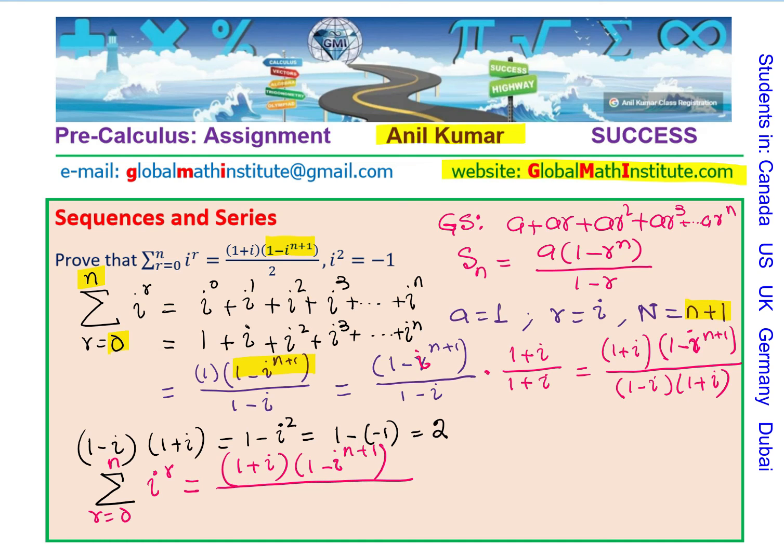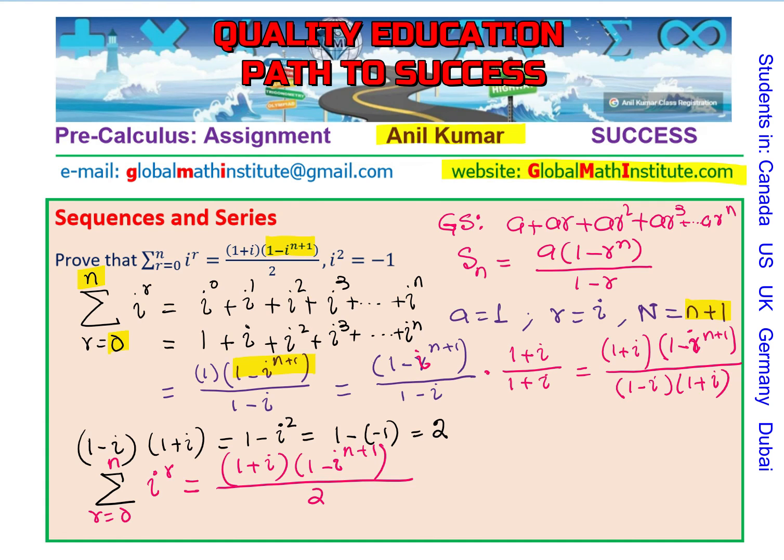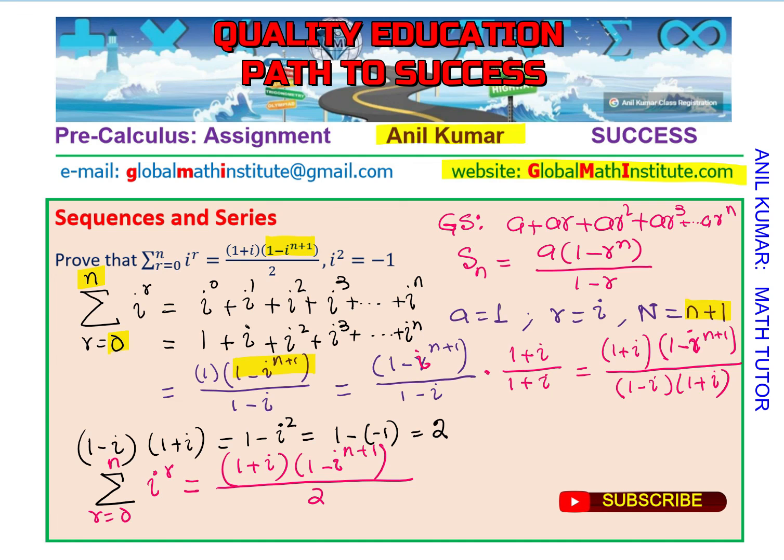You see that. So that is how we are going to complete the solution. I hope it's absolutely clear how we get the answer. So rationalize it, and you know 1 minus i times 1 plus i is indeed equal to 2. That is how we will actually do it.